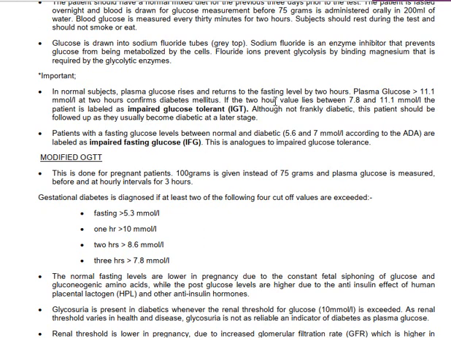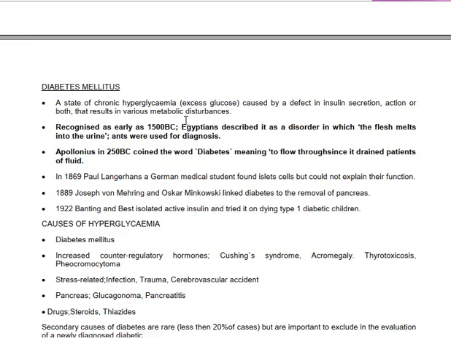If 2 hours after, the value lies between 140 to 200 milligram per deciliter, that's 7.8 to 11.1 millimole, then the patient is said to be glucose intolerant. Is it clear? Although not frankly diabetic, this patient should be followed up for later cases of diabetes.